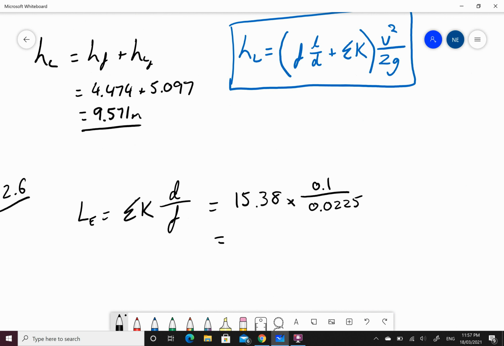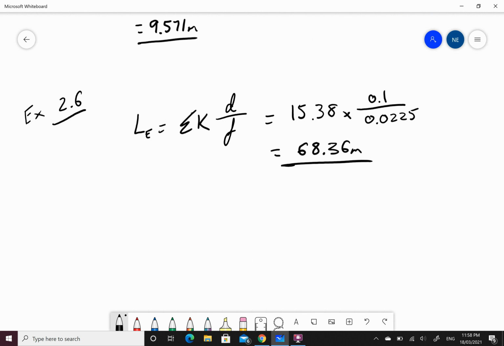Equals 68.36 meters. Alright, so how do I check that?